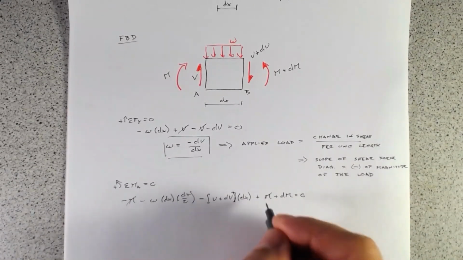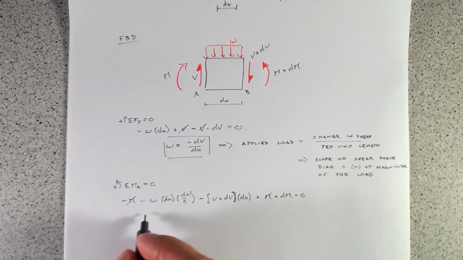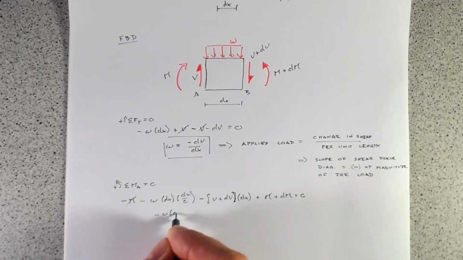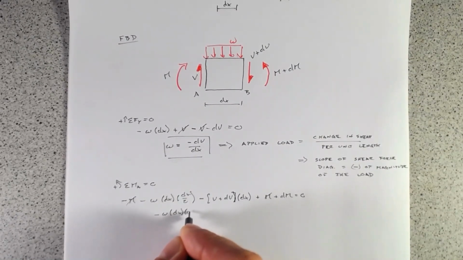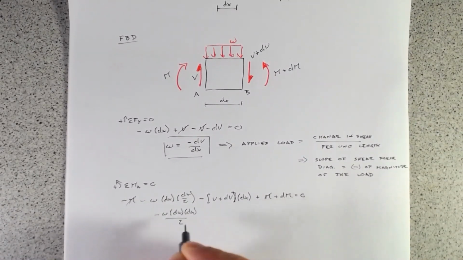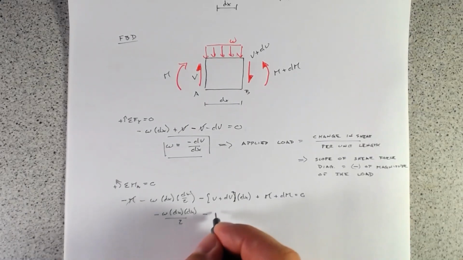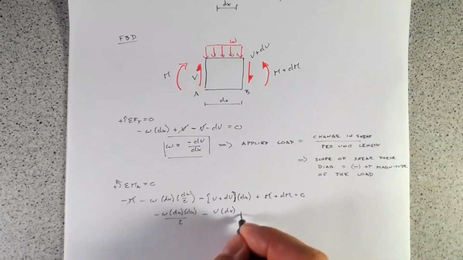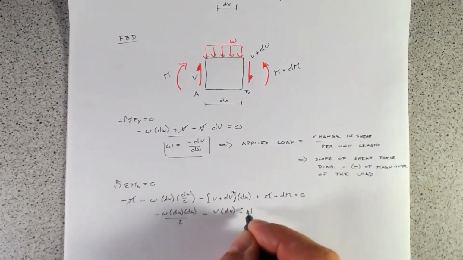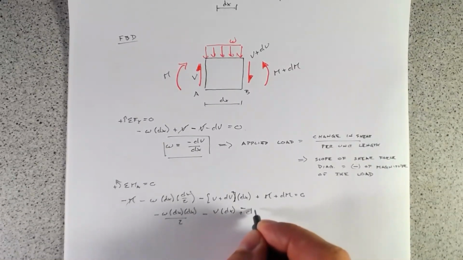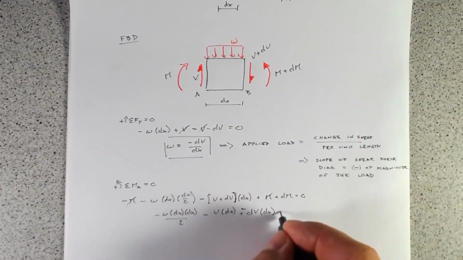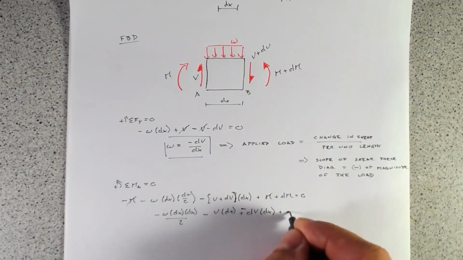So the M's cancel out. Let's do a little bit of simplification. W times dx squared over 2 minus V times dx plus a negative dV times dx plus dM equals 0.